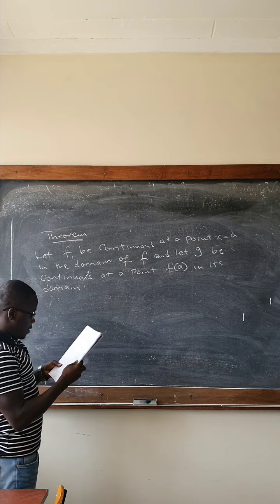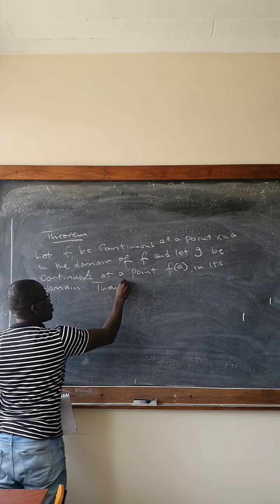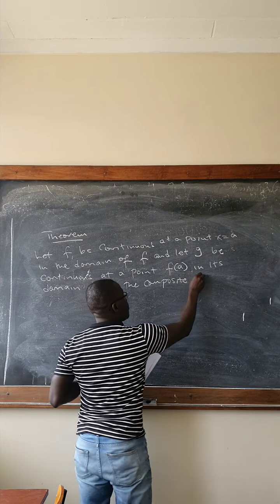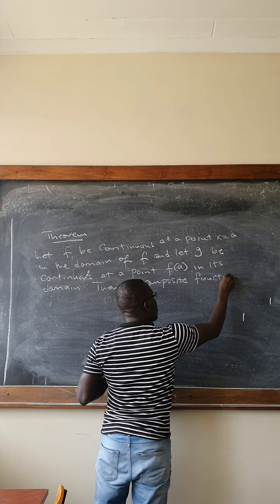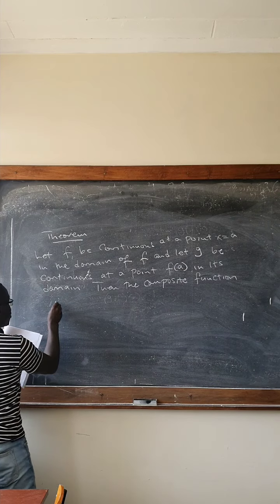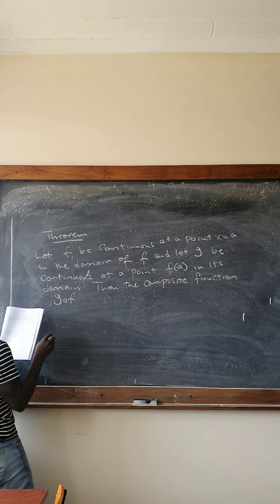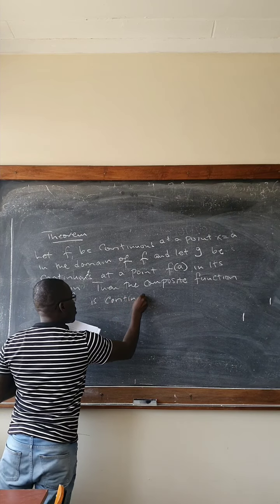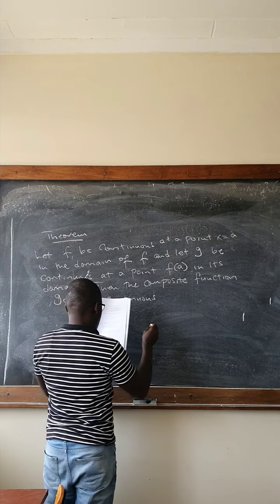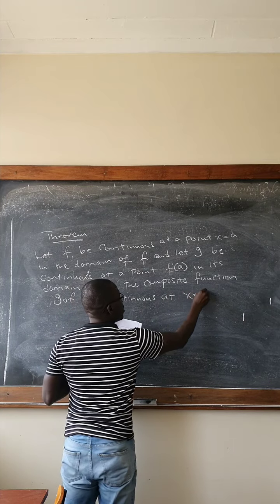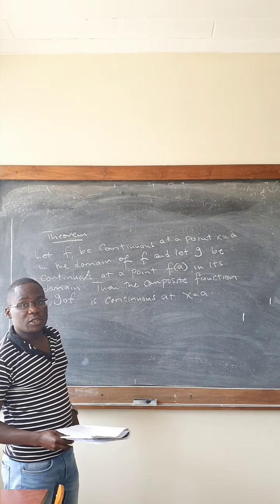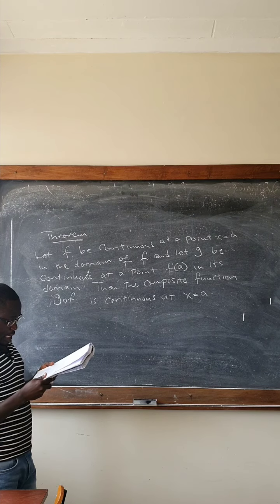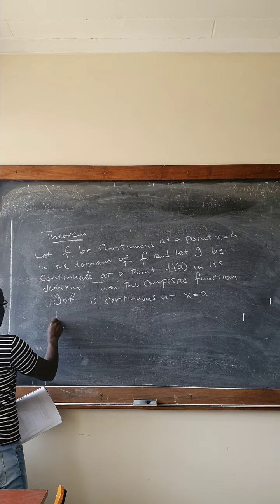And now we say that then the composite function g naught f is continuous at x is equal to a, and we can actually prove this.